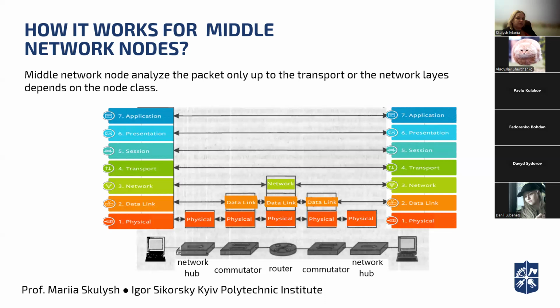A commutator understands what it received and what data link technology was used, for example Ethernet, so from one side you have one technology, from the other side another.